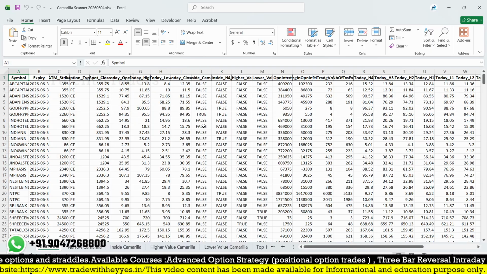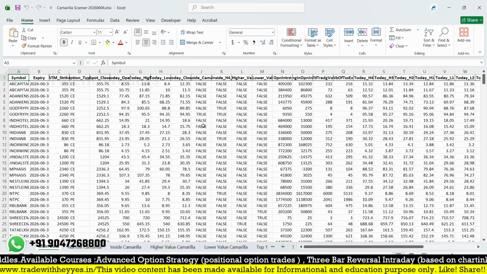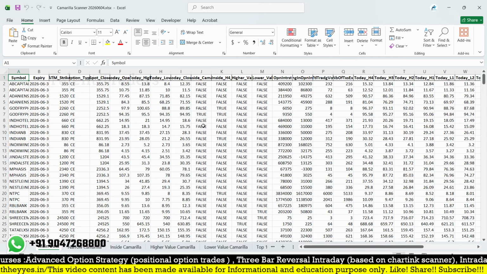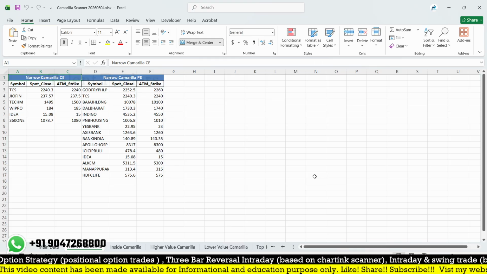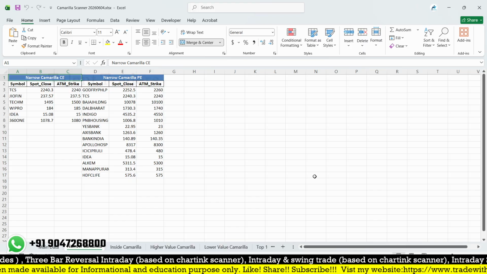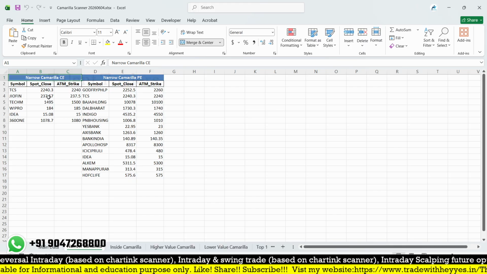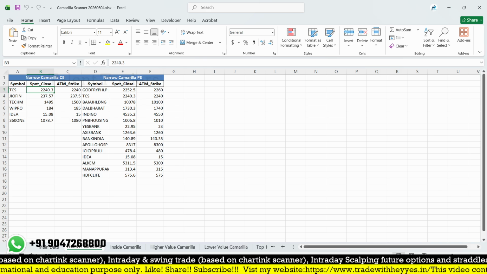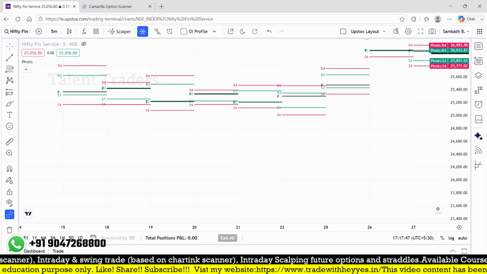Open, high, low, close, because the Camarilla pivot points are calculated from open, high, low, close, and here it easily filters out the narrow. For example, which stocks are very narrow today? TCS 2240, let me check that directly in the option strike price.